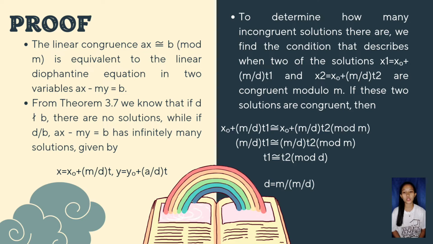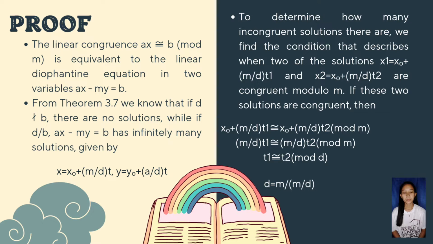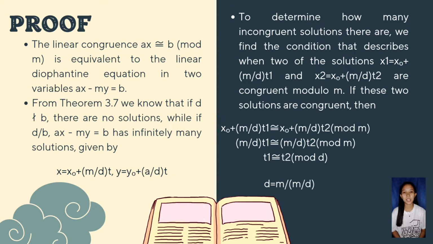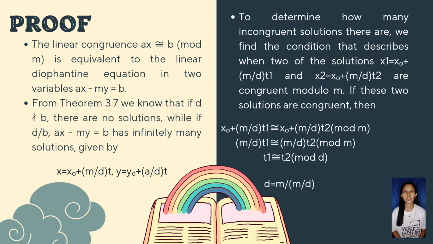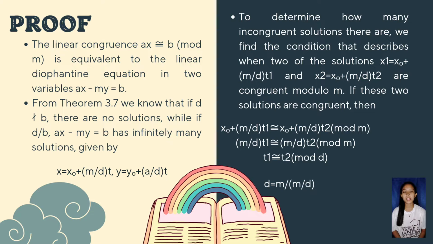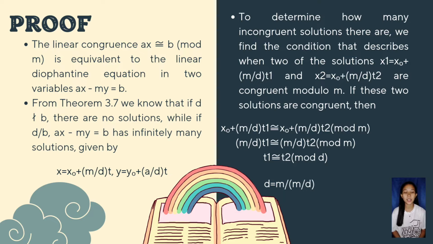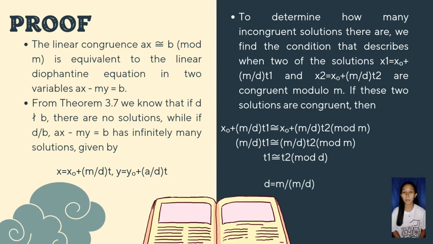If these two solutions are congruent, then x0 + (m/d)t1 ≡ x0 + (m/d)t2 (mod m). Subtracting x0 from both sides of this congruence, we find that (m/d)t1 ≡ (m/d)t2 (mod m).